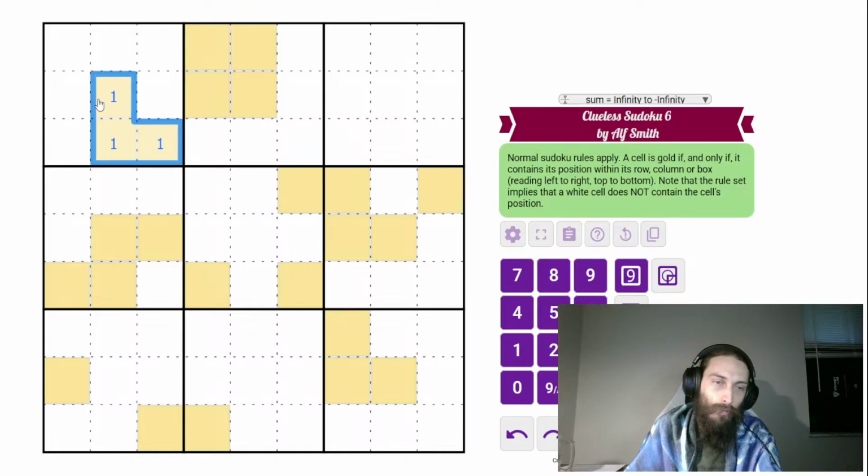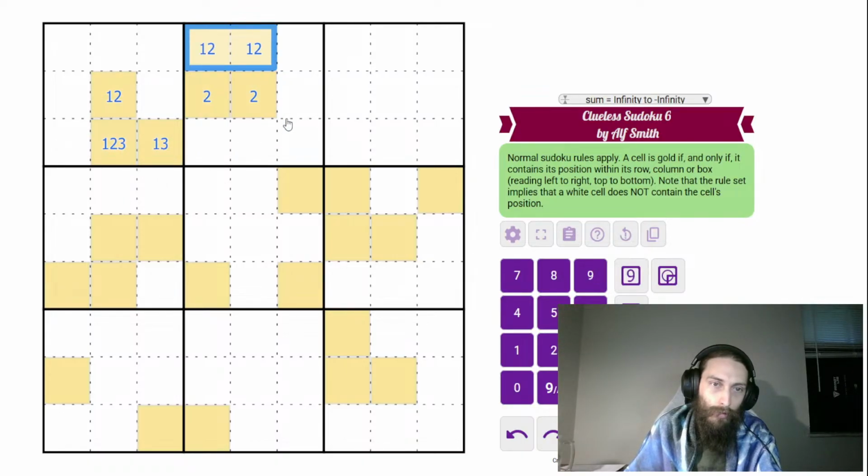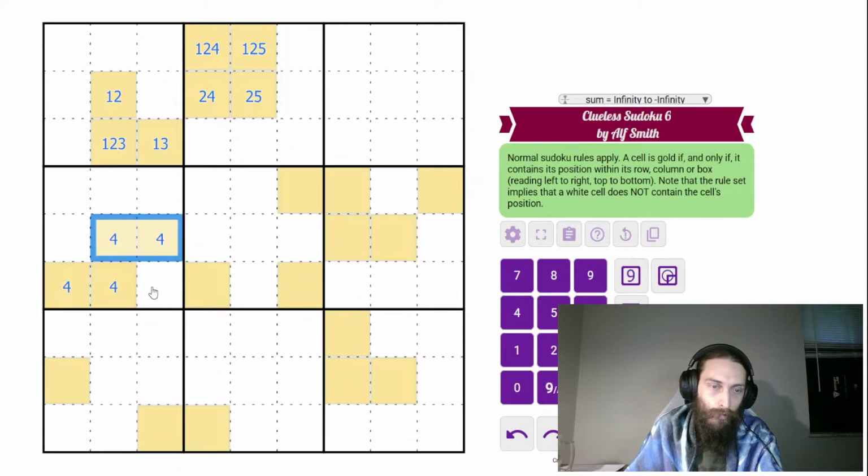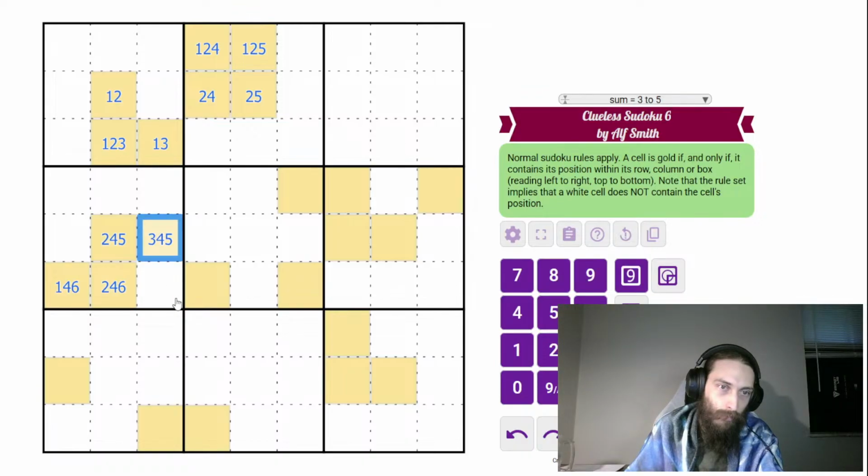Box 1, row 2, column 2, row 3, column 2, box 2, row 1, row 2, columns 4 and 5. Nothing in here. So box 4, rows 5 and 6, columns 1, 2, and 3. But the 2 from up here removes the 2 from down there.